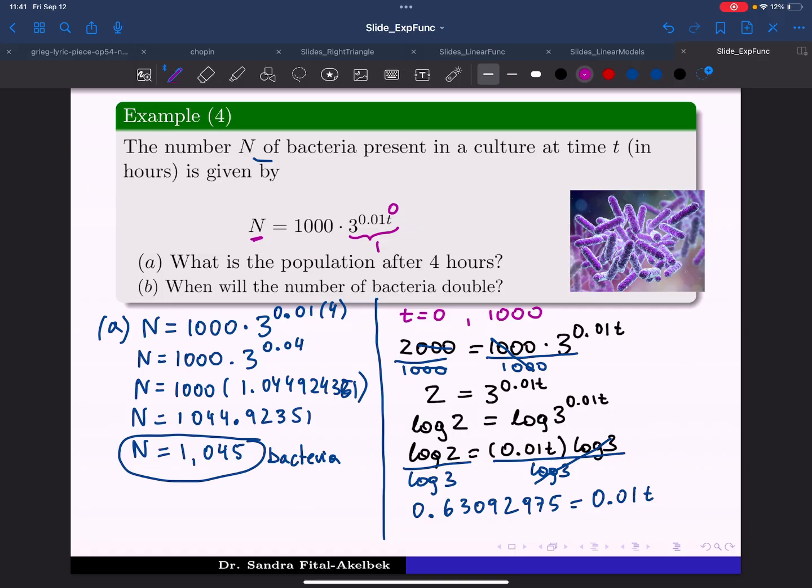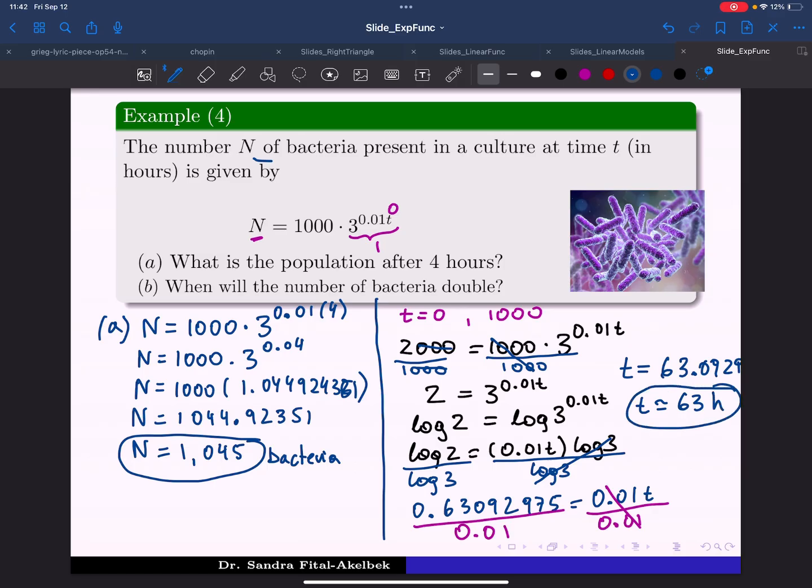Then we can divide by 0.01, this cancels out, and we get time t equal to 63.09229. So t is approximately 63 hours. How long would it take for the bacteria to double? Approximately 63 hours.